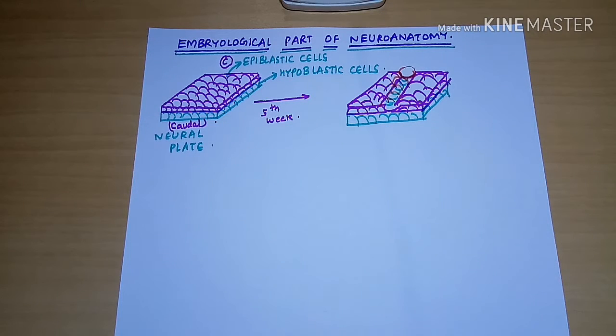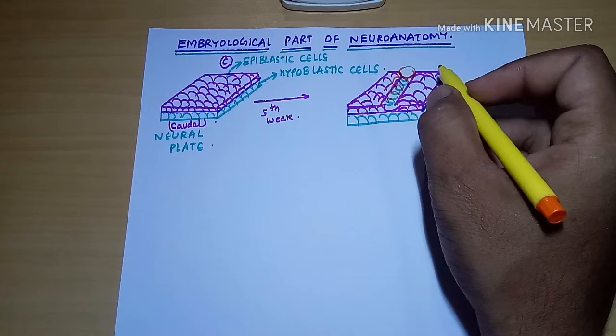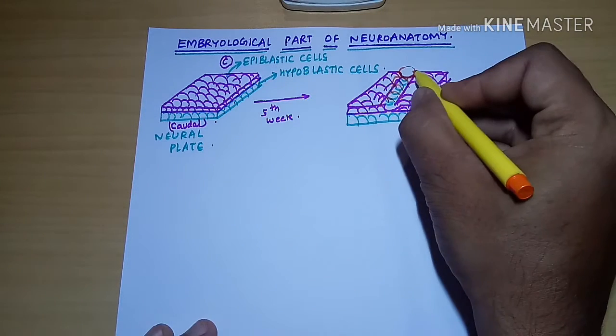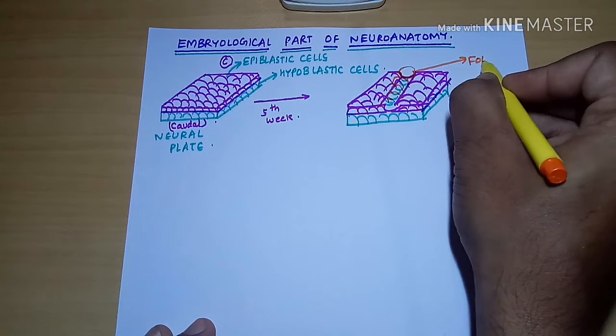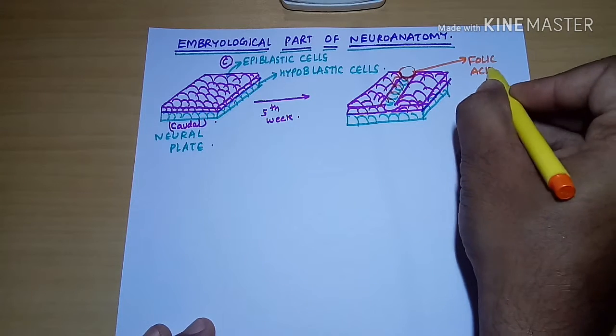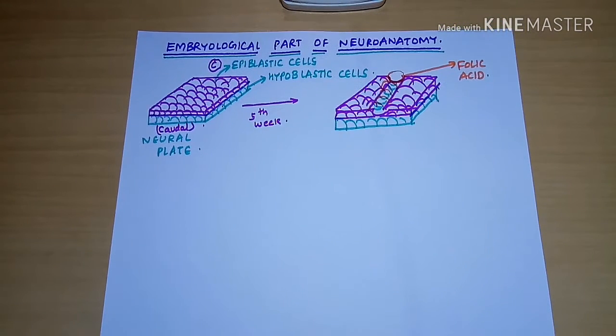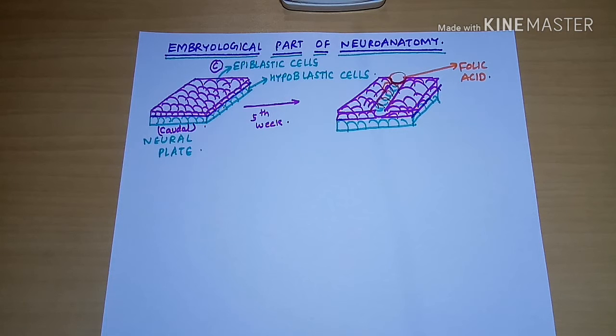This joining of the epiblastic cells will be done in the presence of folic acid. So the doctors will recommend the consumption of folic acid at the 5th week of the development of an embryo. So this structure is being formed.